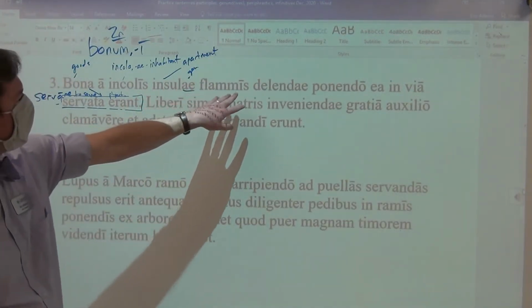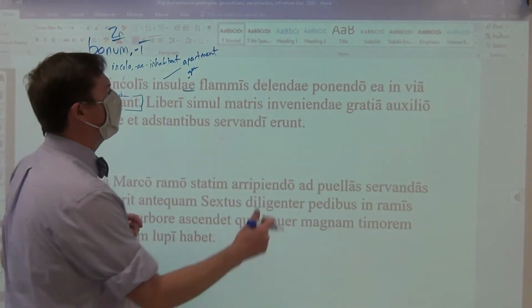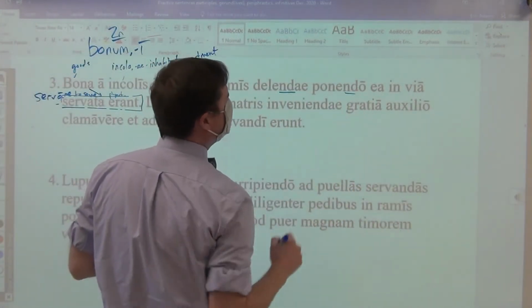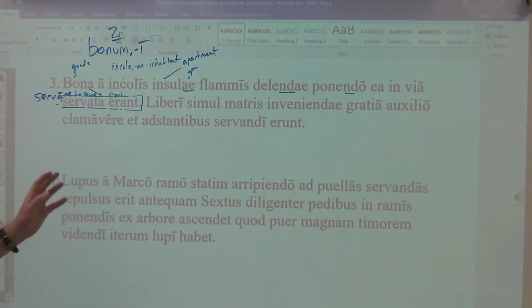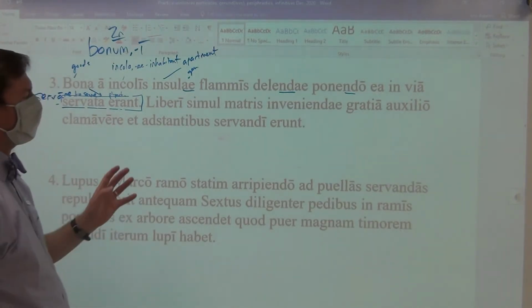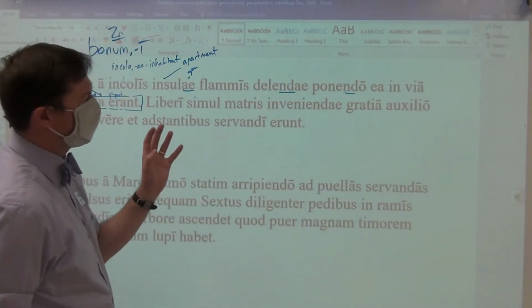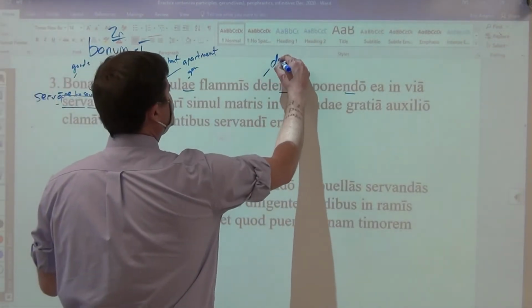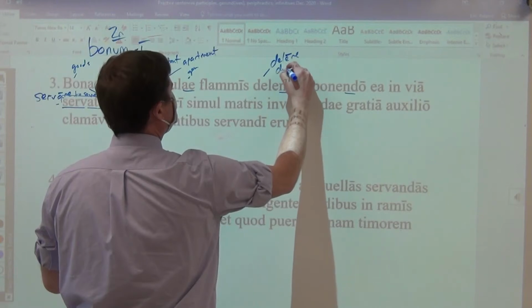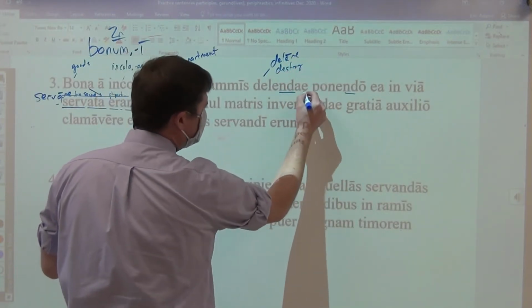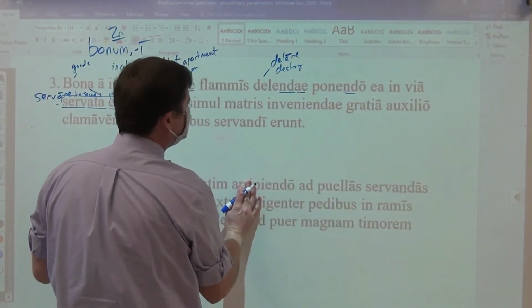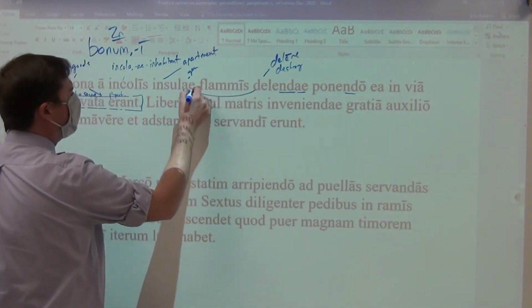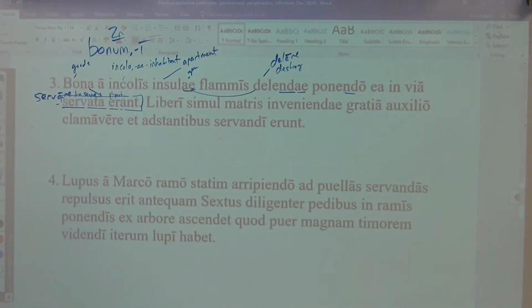And here, as we move along, we see both delendai and ponendo. Now this is very difficult, but we recognize both of them as being either a gerund or a gerundive. This is from deleo delere, which means to destroy, and I see that it is in the genitive singular, so it is modifying insulae.